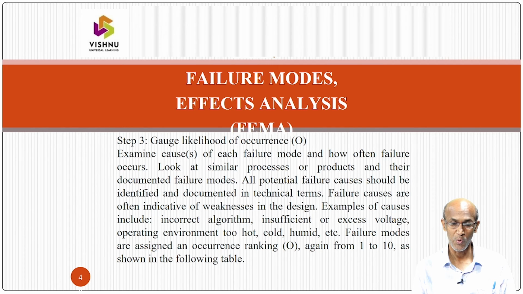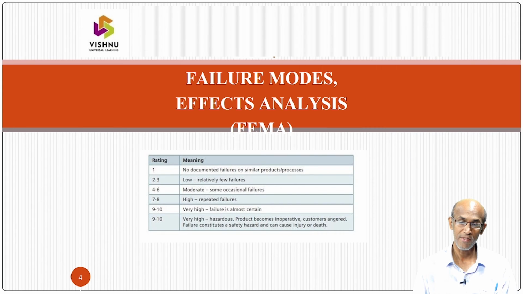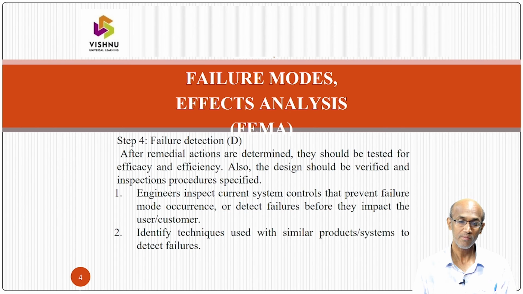Examples of causes include incorrect algorithm, insufficient or excess voltage, operating environment too hot, cold, humid, etc. Failure modes are assigned an occurrence ranking, again from 1 to 10, as shown in the following table. 1 means no documented failure, 2 to 3 means low, 4 to 6 means moderate, 7 to 8 means high, 9 to 10 very high.